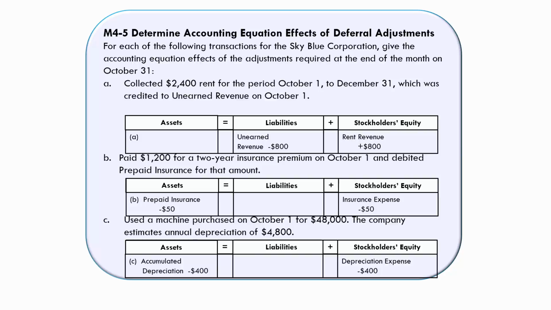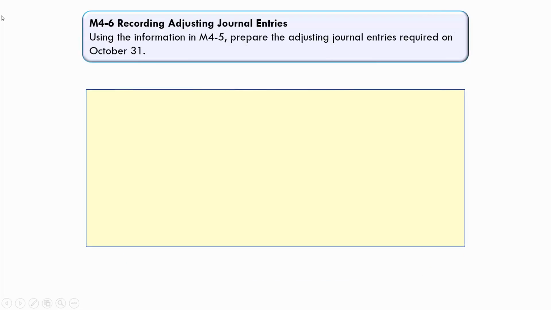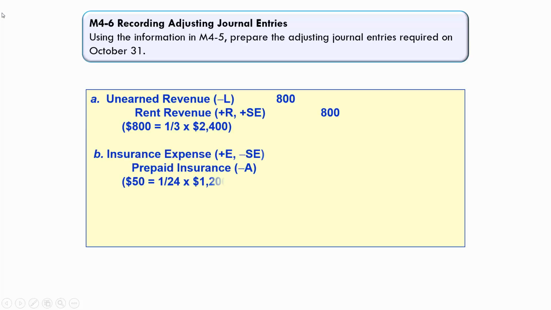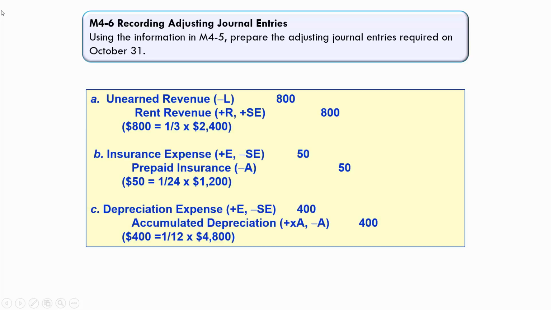Now, when we do the journal entries, you have to remember that expenses are recorded as debits and revenues are recorded as credits. So in the first one, you're reducing this liability and recording the revenue.